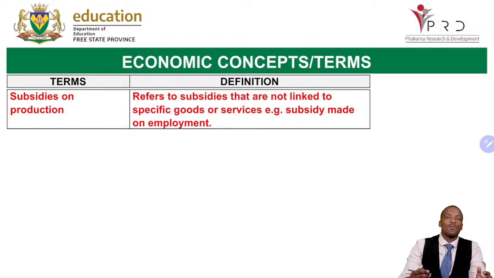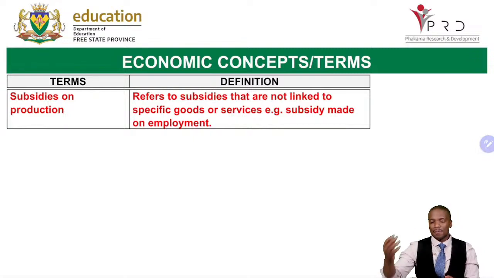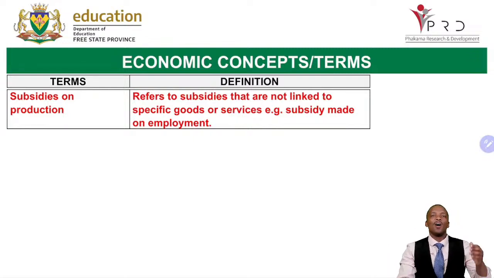Then we look at what we call subsidies on production. The catch here, hence we are saying we are looking at the technicalities: we know what subsidies are, but these subsidies come in parts. There are subsidies on products, subsidies on employment, subsidies on education.